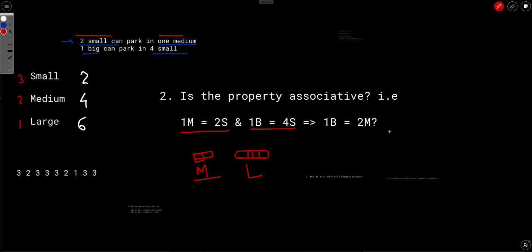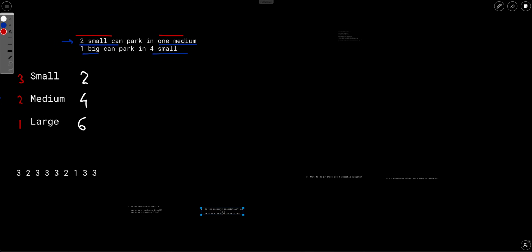Okay, so all the properties that we have been given are associative. Basically, this statement in turn also means that we can park two medium cars in one bigger space. So now let's move on to the next ambiguity that we have.